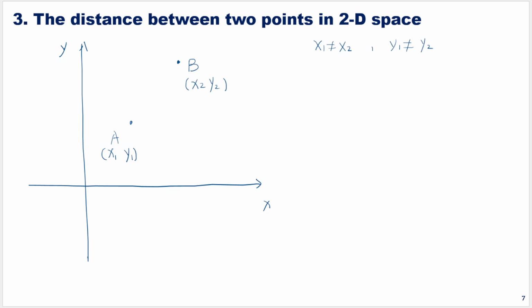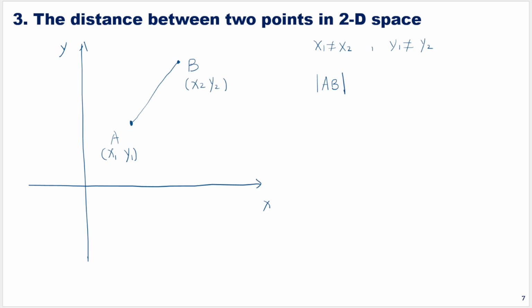So the distance between these 2 points, again, we use this sign to denote the distance between the 2 points, is given by a formula. So what is the formula? We can use Pythagorean theorem to help us find the distance between A and B, right?